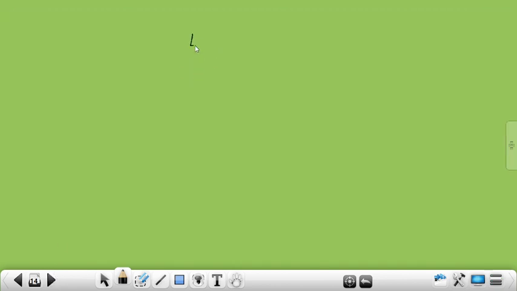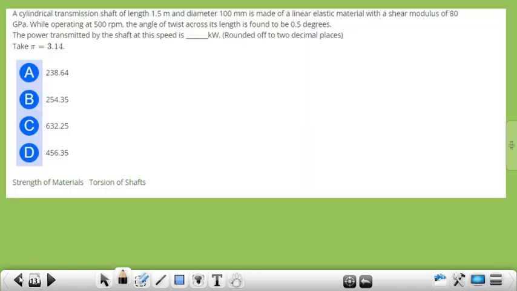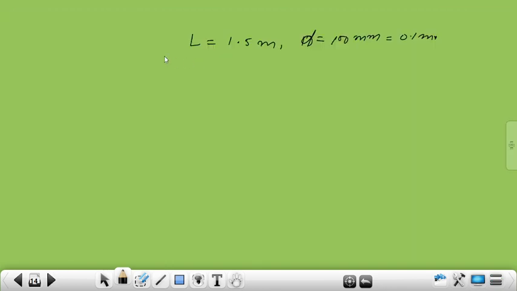So given data is length is 1.5 meter and diameter given 100 mm, which is equal to 0.1 meter, and shear modulus is 80 gigapascal and rpm is 500 and theta is 0.5 degree.